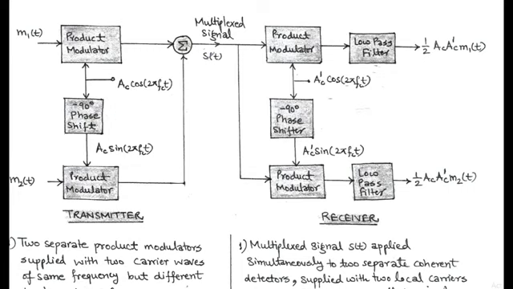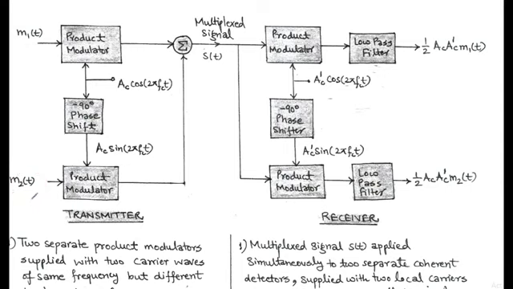The output of the two product modulators is a multiplex signal that corresponds to two double sideband suppressed carrier modulated waves. The inputs of the two product modulators are independent message signals, that is m1(t) and m2(t).